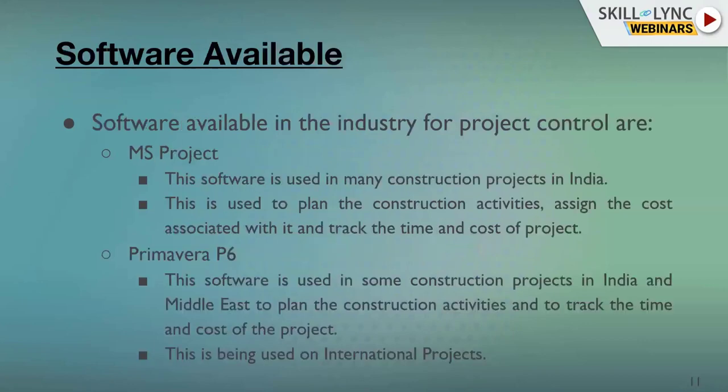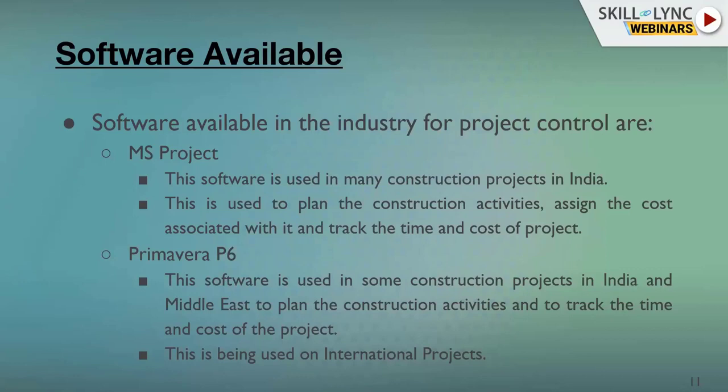Now to execute the responsibilities, we will require software support so that we can map things on time. The first software we will discuss is MS Project. This software is used in many construction projects in India. It is used to plan the construction activities, assign the cost associated with the project, and track the cost of the projects.